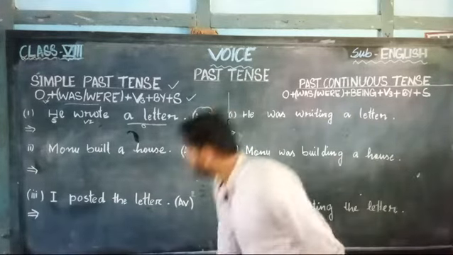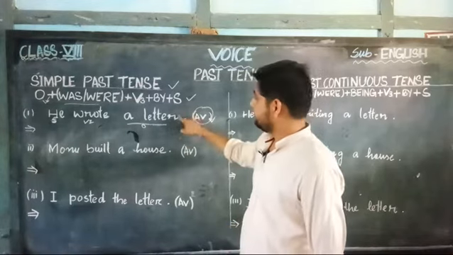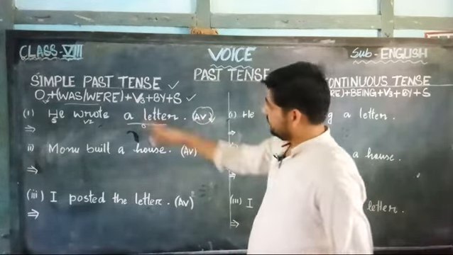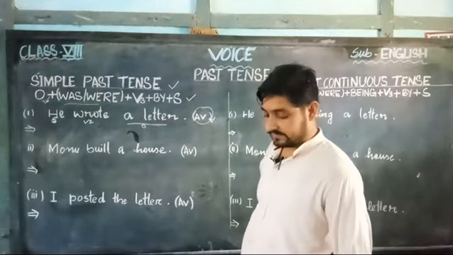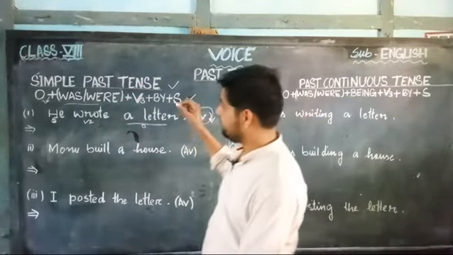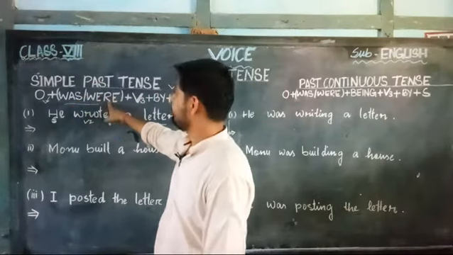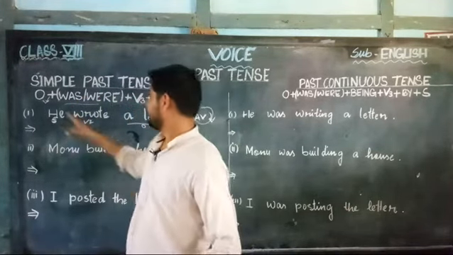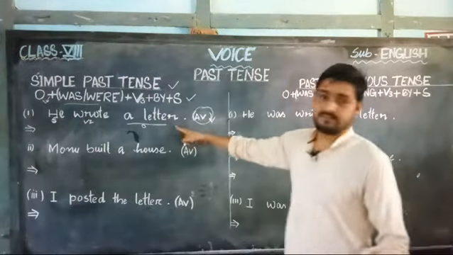Then we will change this into passive. So what comes first in passive? See the rule and try to write in the same way here. First the object is there. So what is the object? A letter is the object.